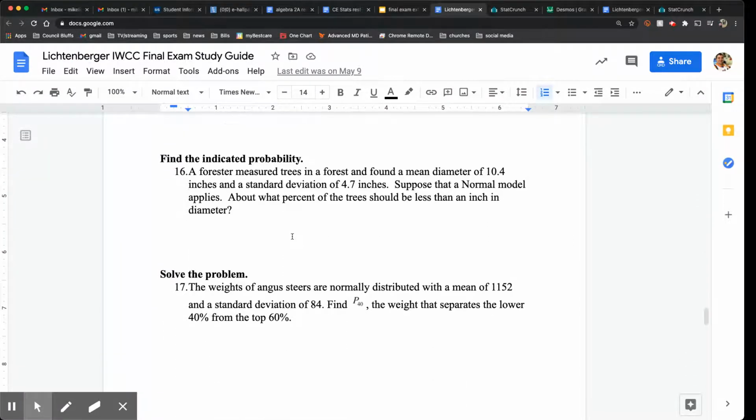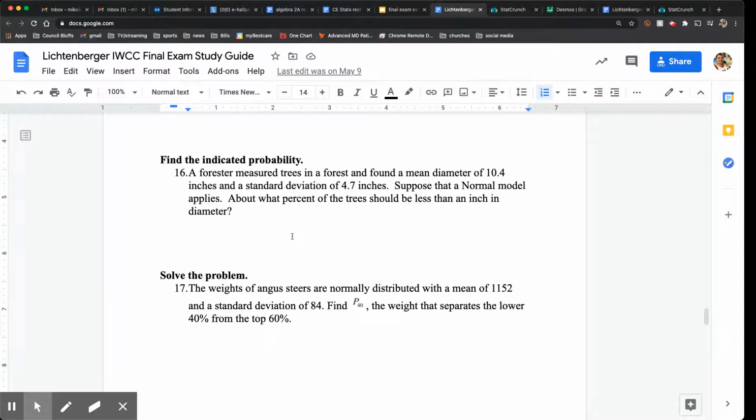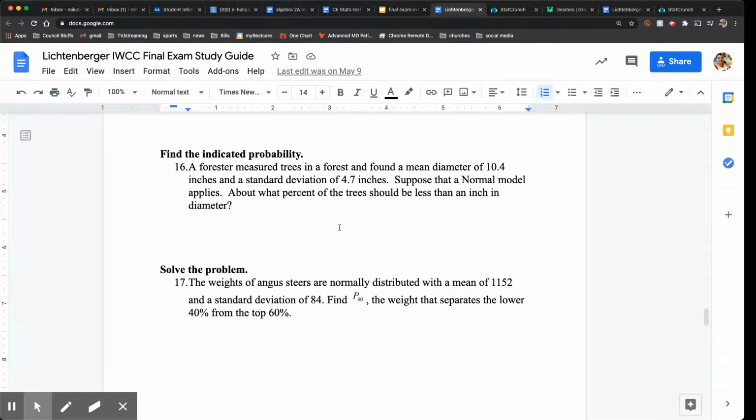Okay. Number 16, a forester measured trees in a forest and found a mean diameter of 10.4 inches, standard deviation of 4.7 inches. Suppose that a normal model applies, about what percent of trees should be less than an inch in diameter?